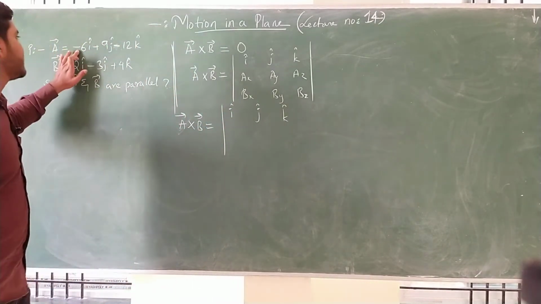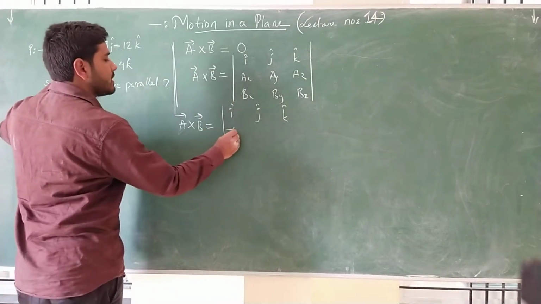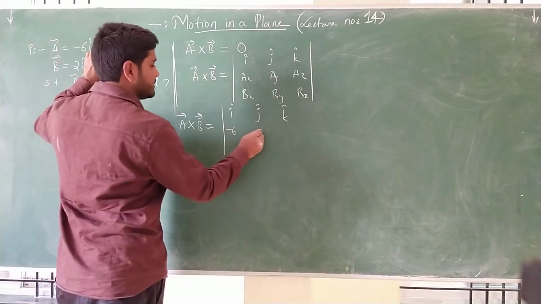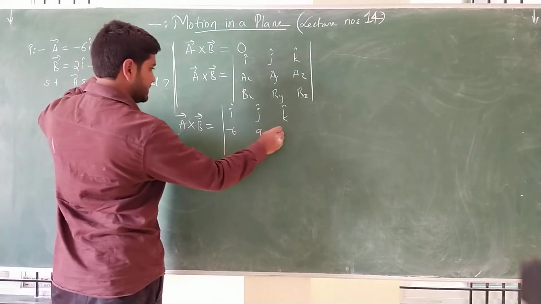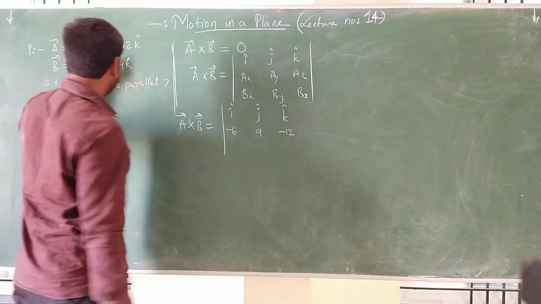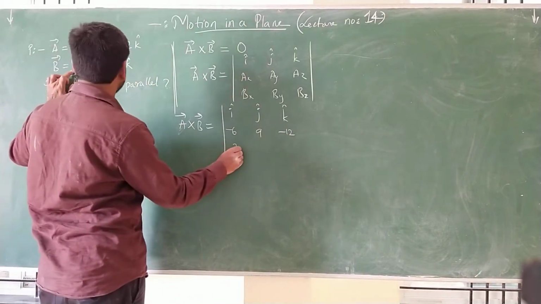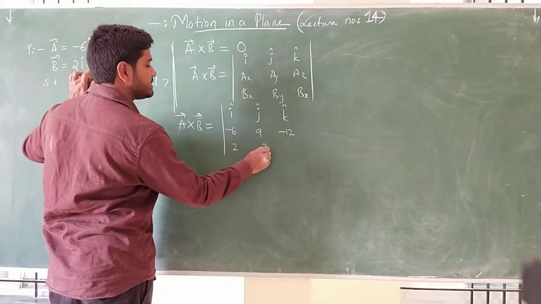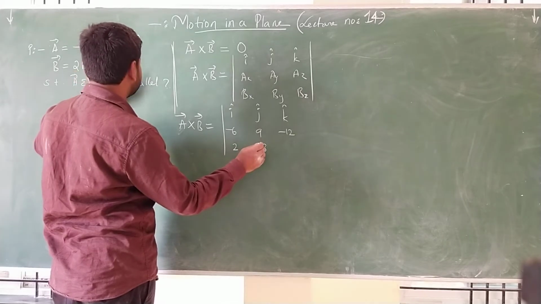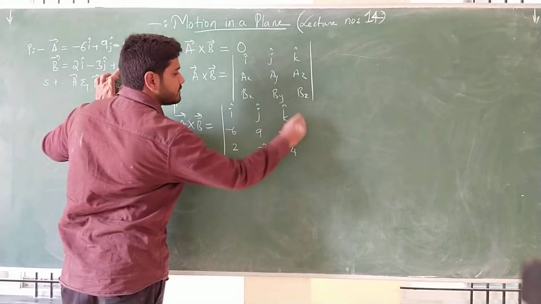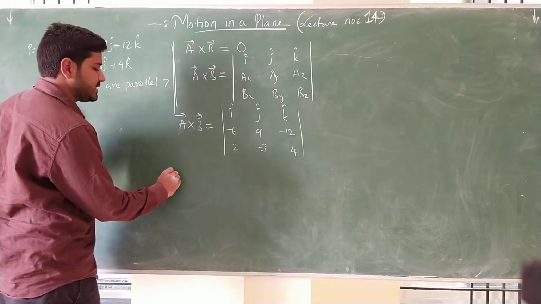Ax is minus 6, Ay is plus 9, Az is minus 12. Bx is 2, By is minus 3, Bz is plus 4. Now just write it.